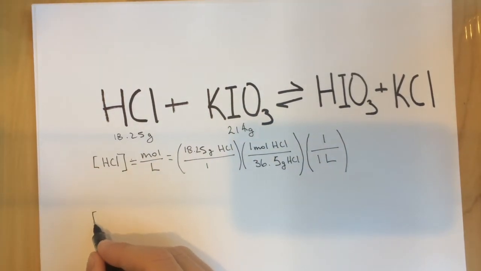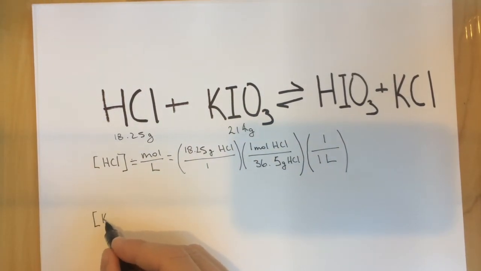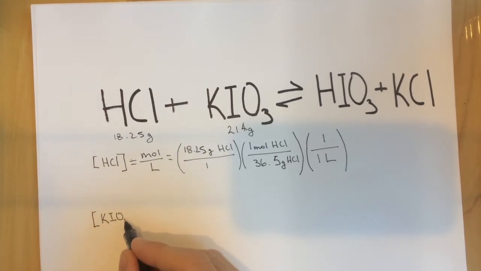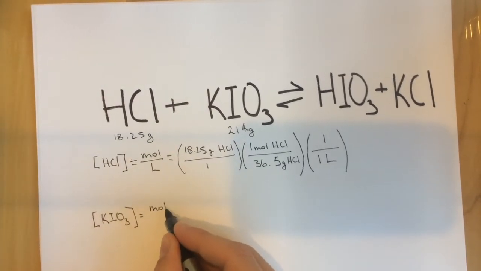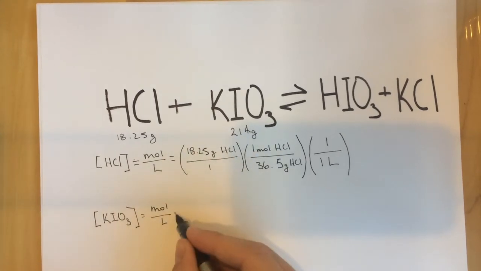And we're going to do the same thing for our KIO3. So we're going to find that our molarity is equal to the number of moles over the number of liters.